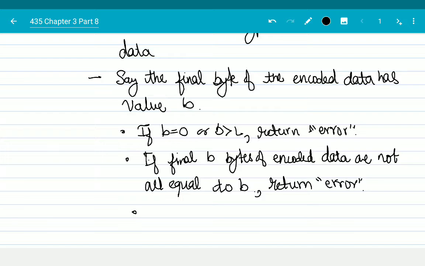If both of these conditions are indeed satisfied, then you just remove all these b's, which are b many of them, and output what remains as the message.